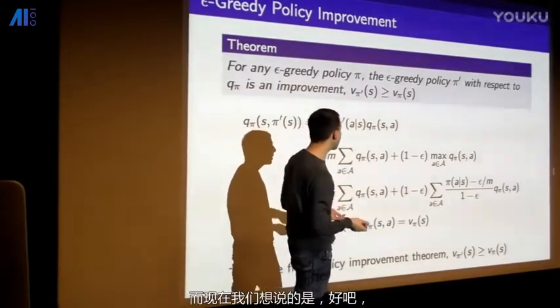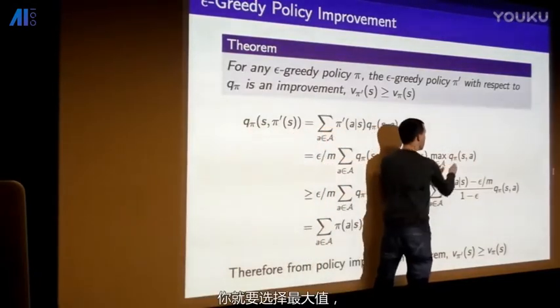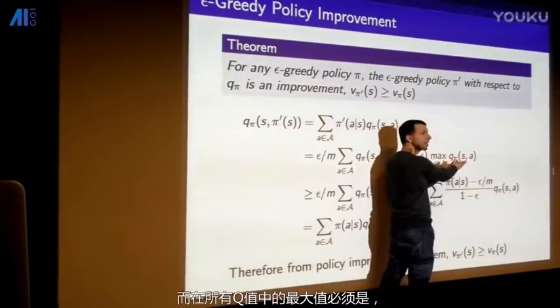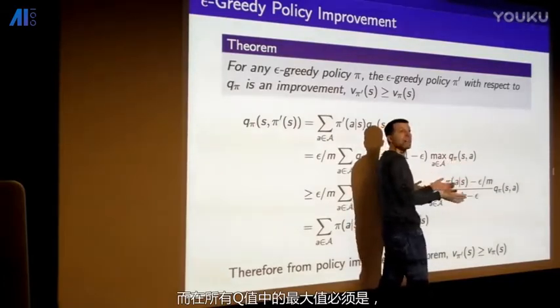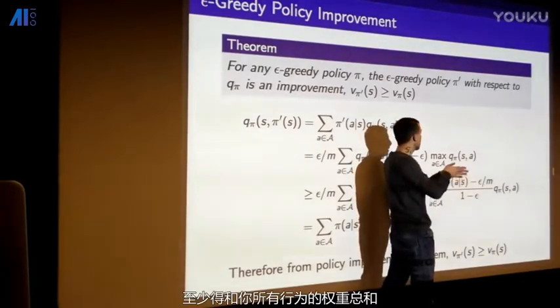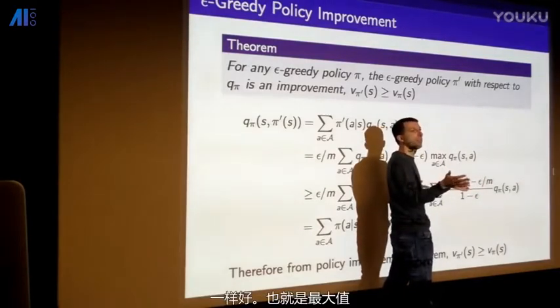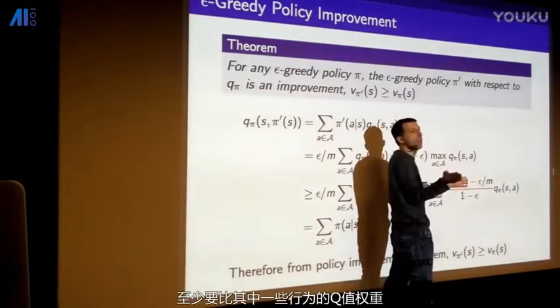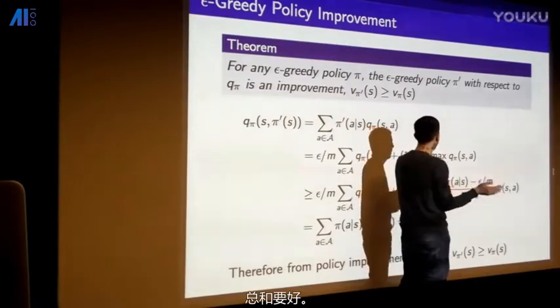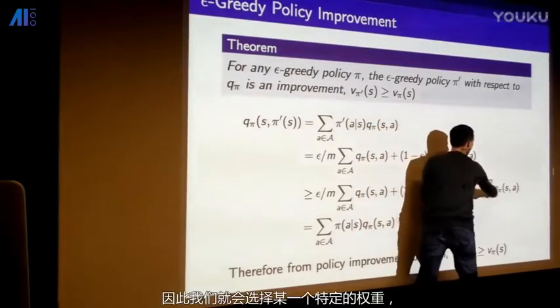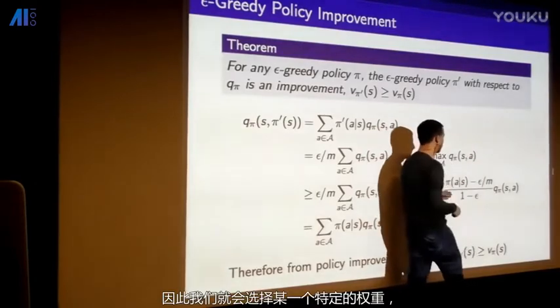And now what we can say is that if you choose to act greedily, if you choose the max of all your Q values, it has to be at least as good as any weighted sum of all of your actions. The max is better than any weighted sum of your Q values. So we're going to choose one particular weighting that sums to 1 here.